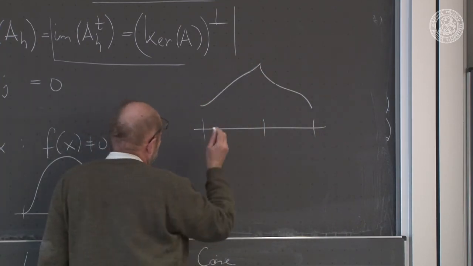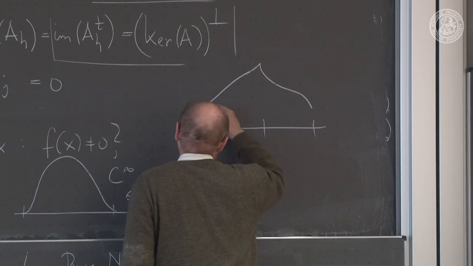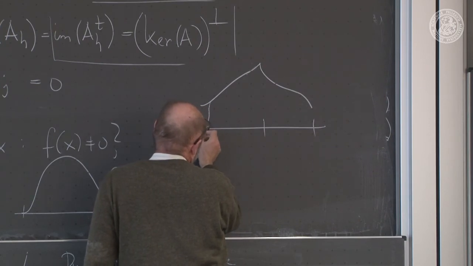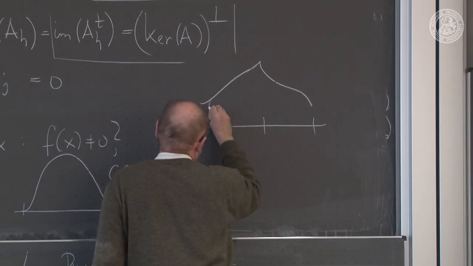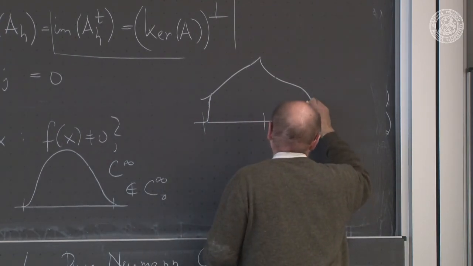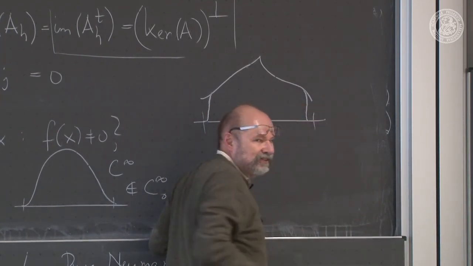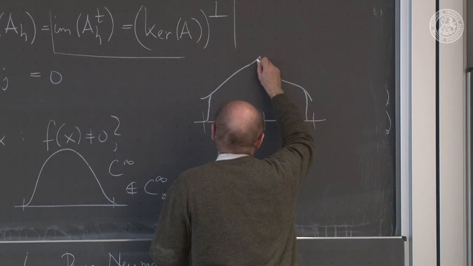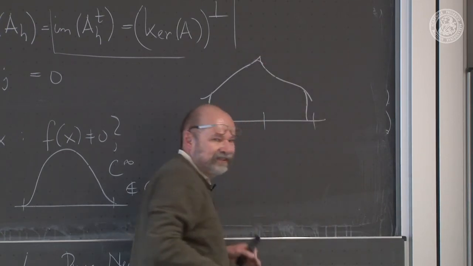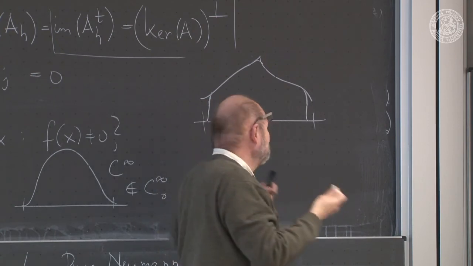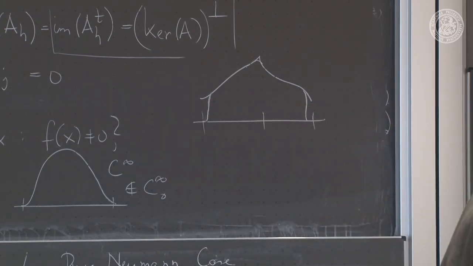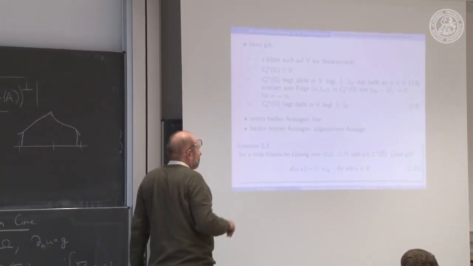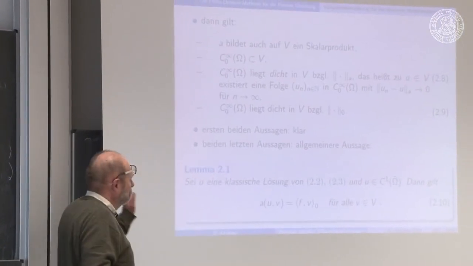The support is also not okay. So let's assume that in between it's C infinity, and I have to do something like that, and this epsilon has to become smaller and smaller, such that the integral of the squared difference goes to 0. Also here I have to do something so that the integral of the squared difference goes to 0. And one has the impression that we can possibly do that. We will later show a much more general assertion, therefore I do not prove that.